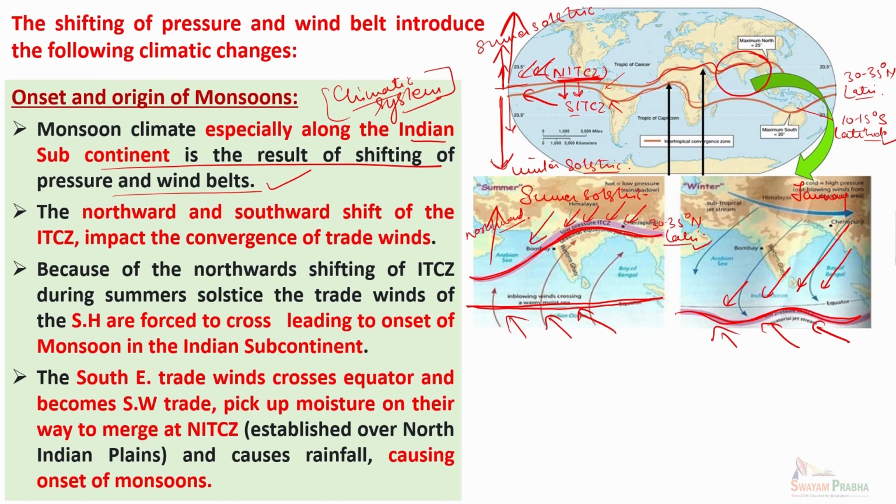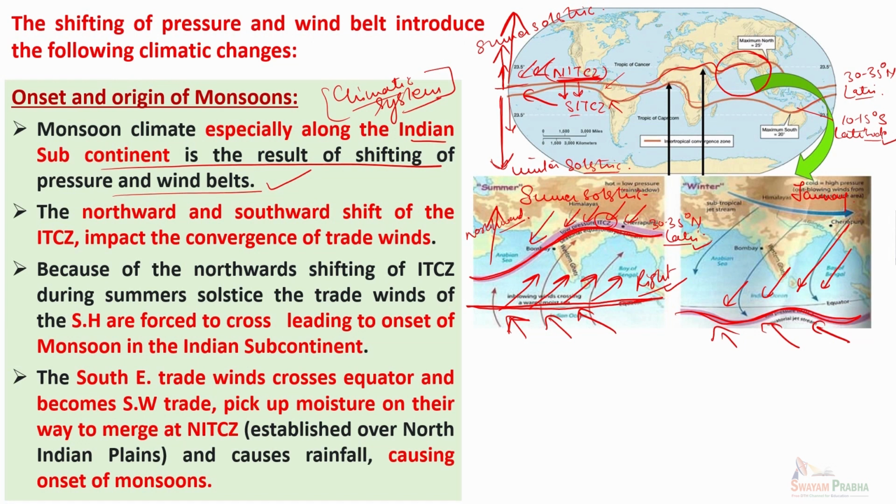So now these southeast trade winds, in order to merge at the intertropical convergence zone, cross the equator. And as soon as they cross the equator, they deflect to their right because of the existing Coriolis force when they enter the northern hemisphere.